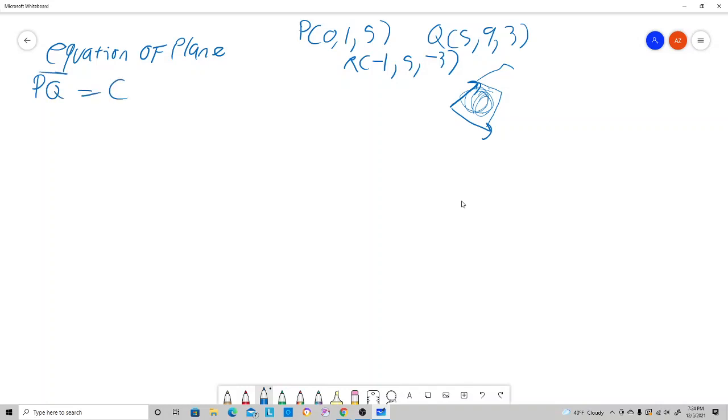So terminal minus initial. So that'll be 5, that'll be 8, and that'll be -2.